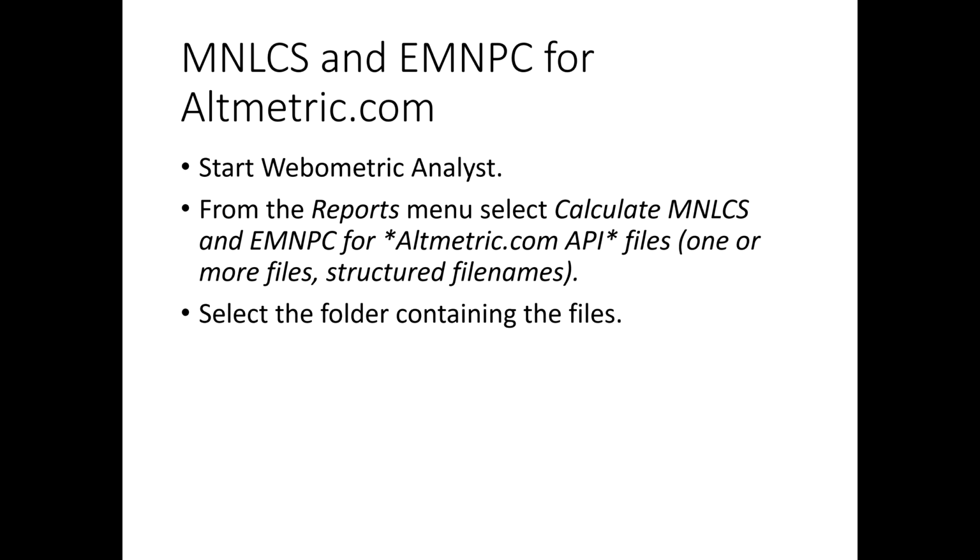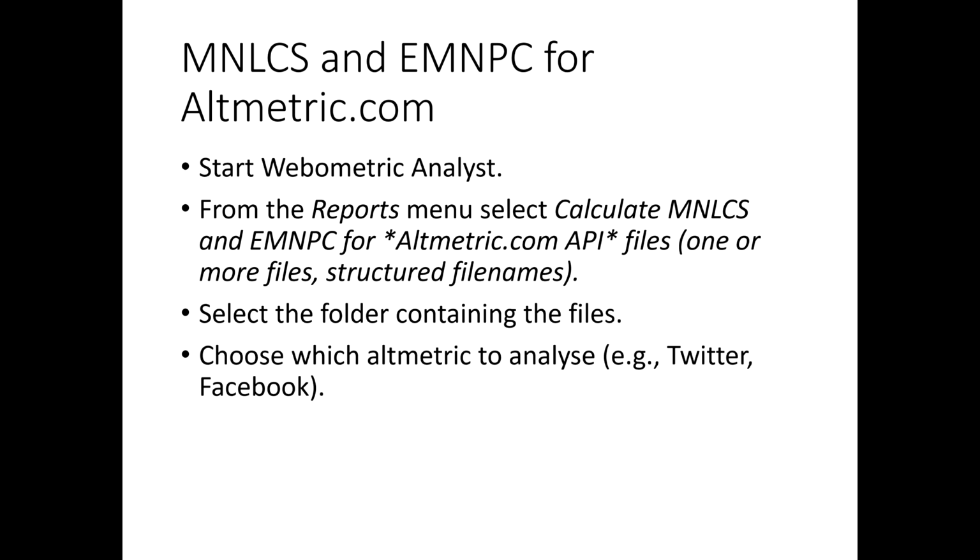And then we select the folder containing the files with the Altmetric.com output, and we choose which Altmetric to analyze. We need to specify the Altmetric, so it's an extra step, and then we get results in the same format as for Mendeley and the same format as for Scopus.